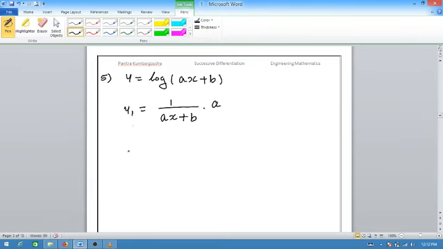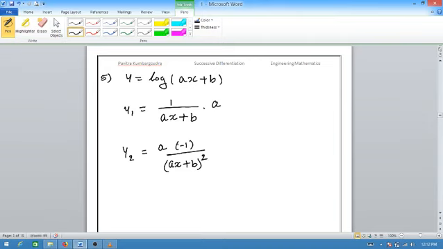So therefore differentiating one more time, y2 is equal to, here a is constant, so differentiation of 1 divided by (ax plus b) is minus 1 divided by (ax plus b) whole raised to 2, right?